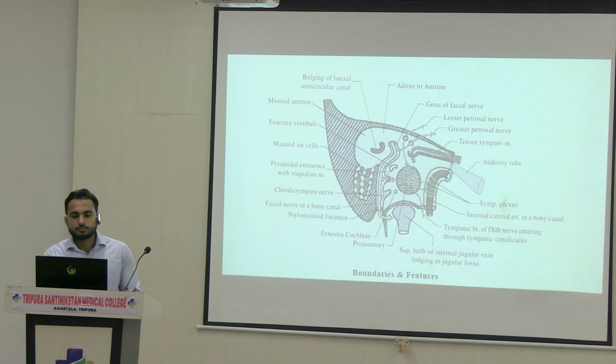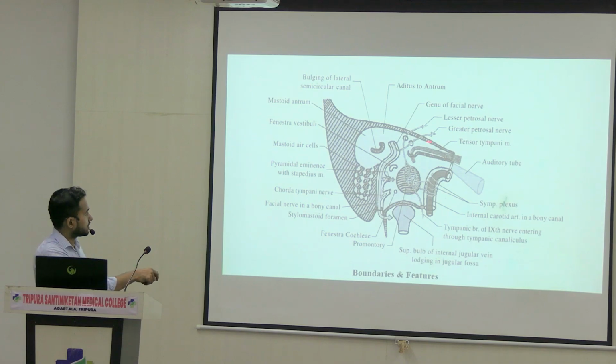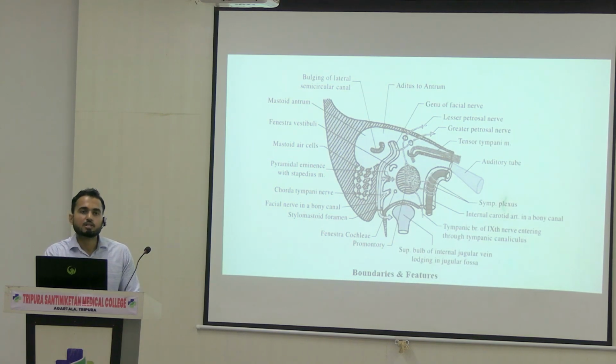So first of all, the roof is formed by a thin plate of bone that is called tegmen tympani. This is tegmen tympani, a thin plate of bone, and it is a part of the petrous part of the temporal bone.